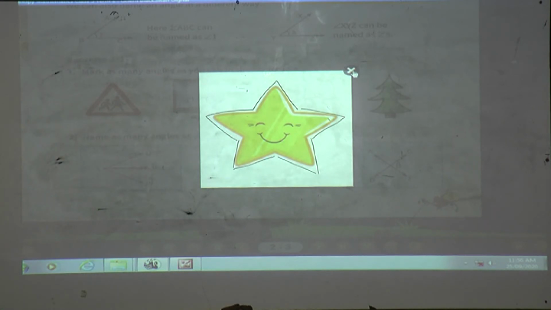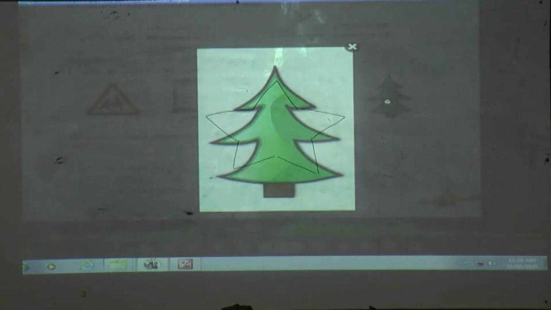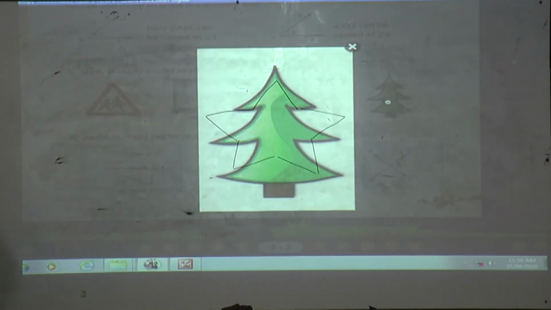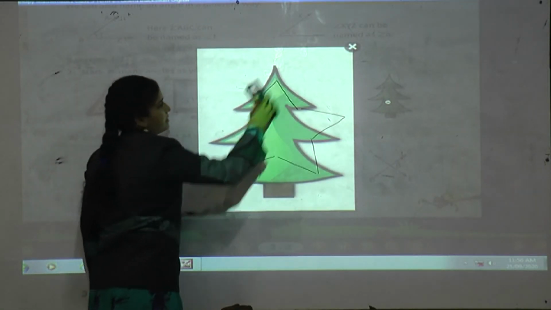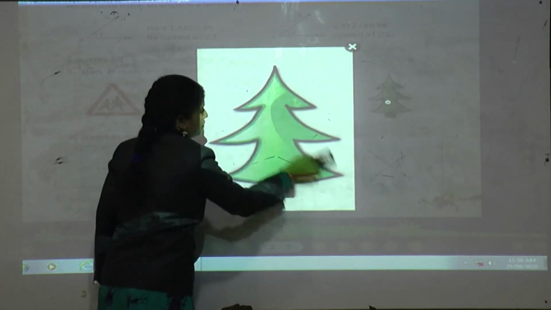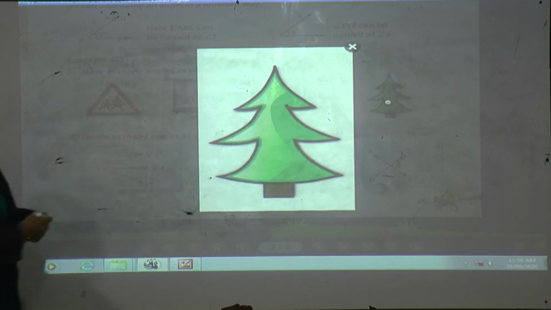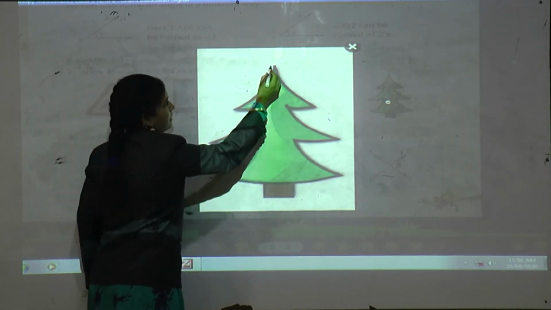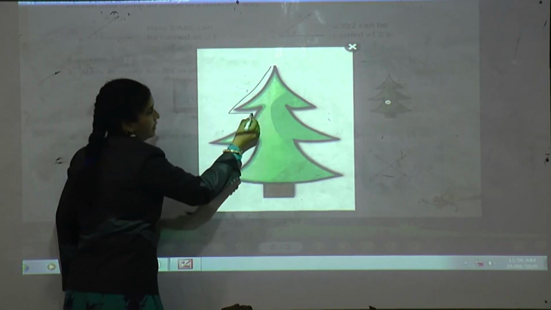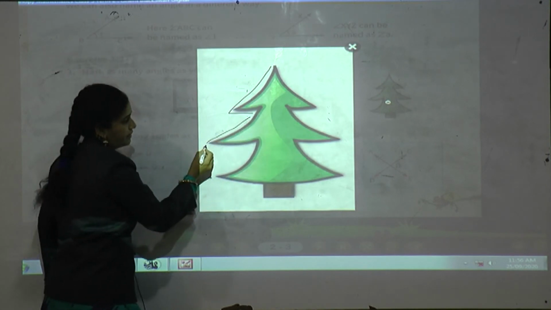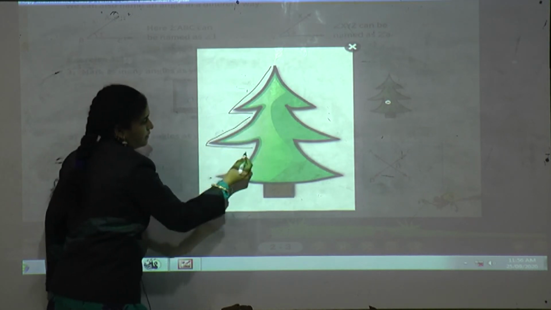Again, this. What is this? This is a Christmas tree. So we have to find angles. Here it is making an angle. Again here.